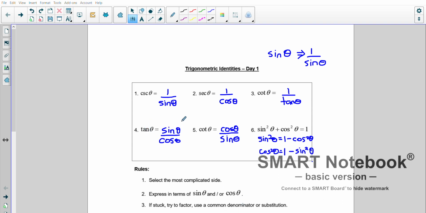So I can rewrite this as cos squared theta over cos theta, which, I guess it's not theta, it should be an x, but I've already made the switch, so we'll just leave that.